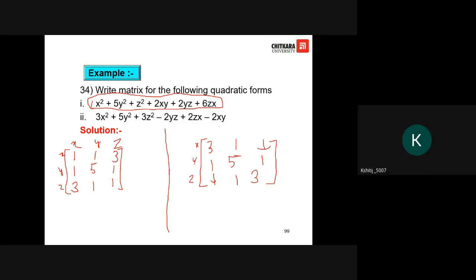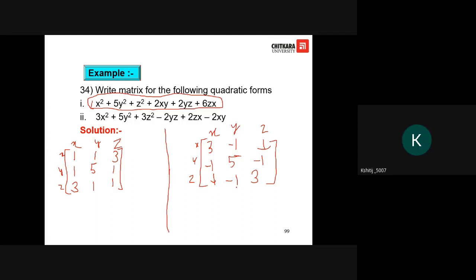Ma'am, actually I am confused about what will happen to this minus. Minus will be minus. You will be dividing minus 2 at 2 places. Minus 1, okay, minus 1, that is minus 2. Okay ma'am, so minus will come at both places. Yes, minus will come at both places. So xy, this is minus 2, so we will take minus 1 here and it is minus 1. And another is yz. So this yz, this is minus and this is minus.